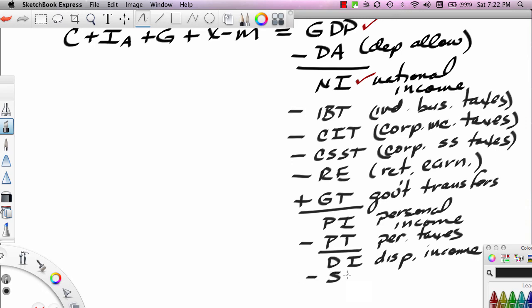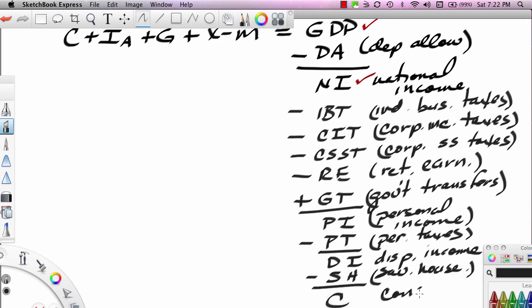Well, I can save. So let's say there's saving by households. And let's put these all in parentheses to stay consistent. And what's left over is C. What's C? C is consumption.